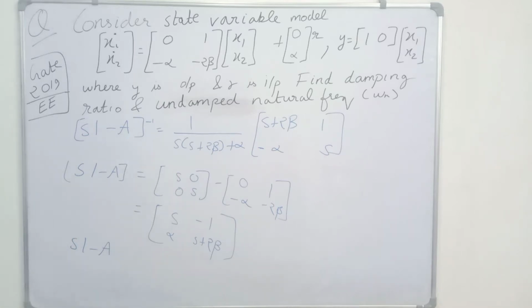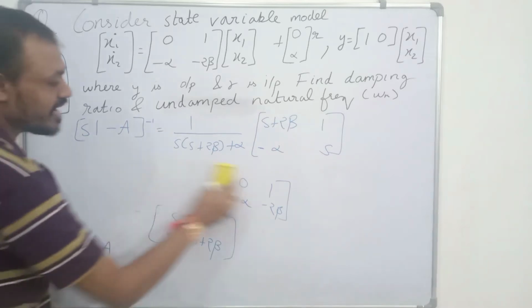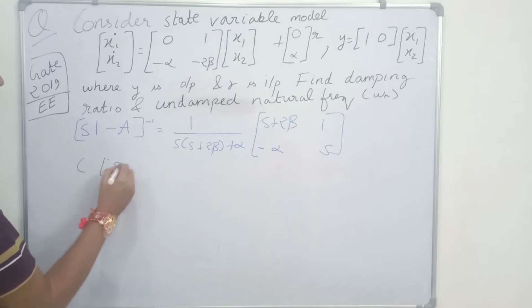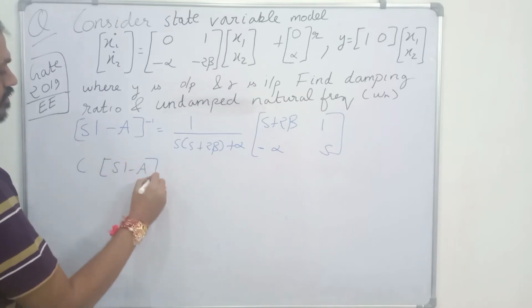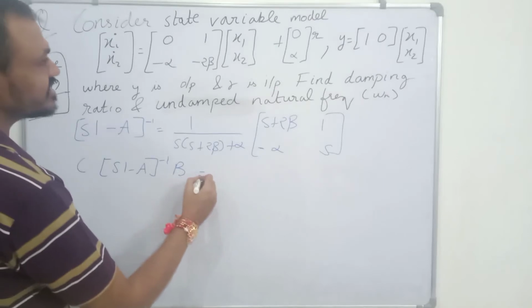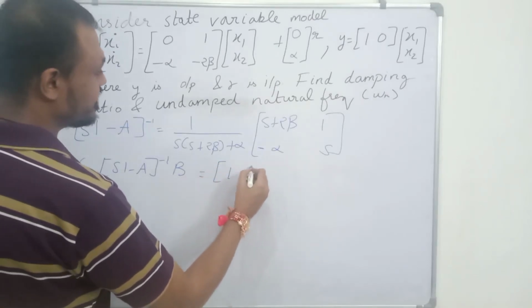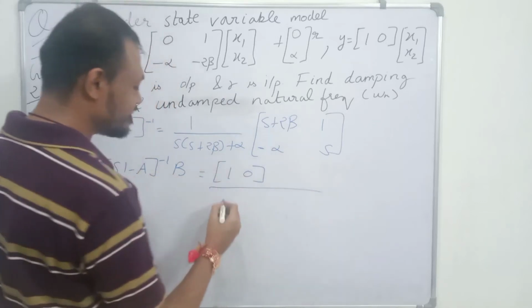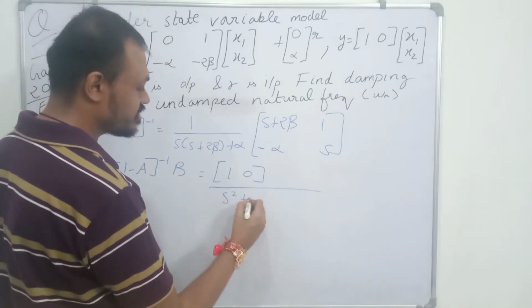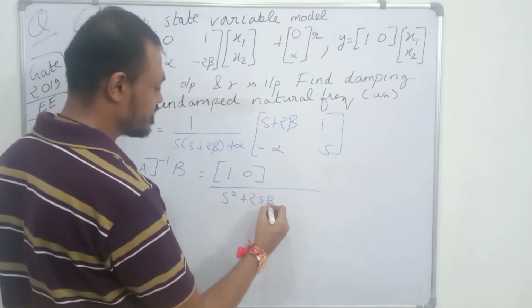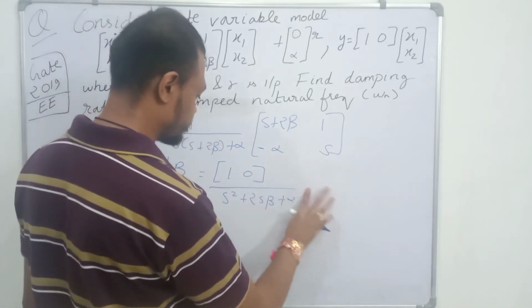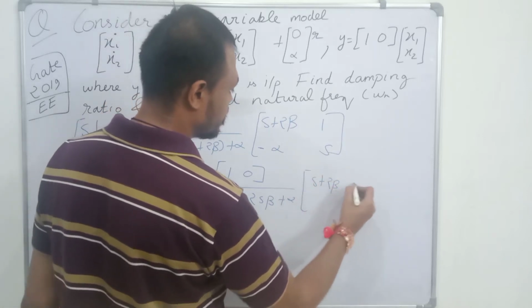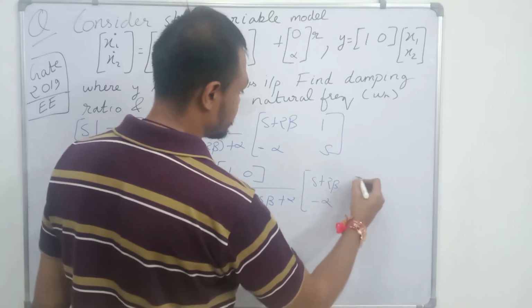Now to find the transfer function, we have to find C into sI minus A inverse into B. Matrix C is [1 0], so 1 0 into sI minus A inverse, which has s squared plus 2 beta s plus alpha in the denominator, with [s plus 2 beta, 1; minus alpha, s].